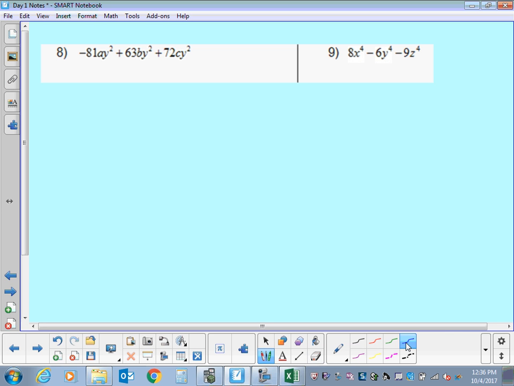Alright, so number 8, my GCF is what? -9 y squared. I looked at my numbers for the -9. For the y squared, each piece has y squared in it, so therefore that is a part of my GCF. So I bring that down.